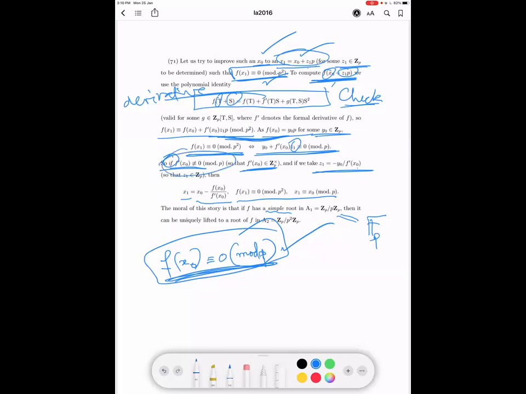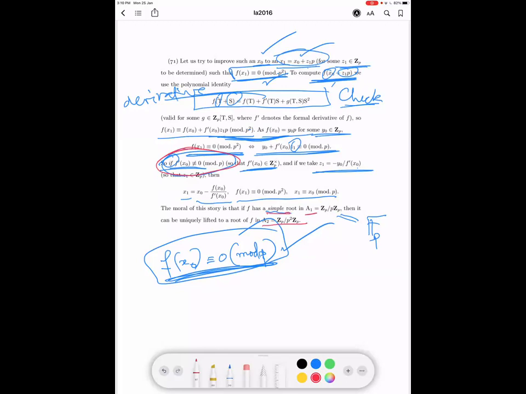Here is where we have used this. It's not a root of the derivative. I'll circle it in red if you want. Here, if f prime of x naught is not equal to 0, then we have defined this x1. So if we have a simple root, then we can uniquely lift it to a root of f in A2.